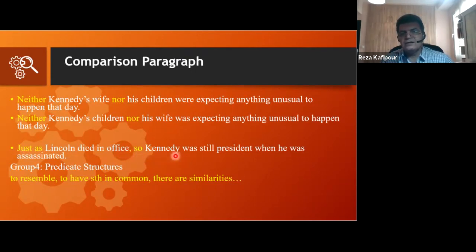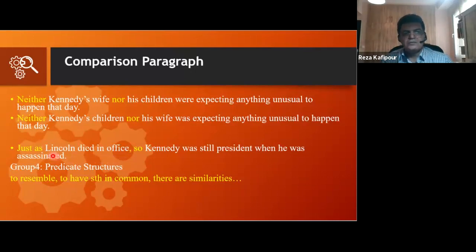After so, we said Kennedy was still president when he was assassinated. This sentence, was still president when he was assassinated, is totally similar to died in office. But we use, let's say, new wording to imply the same meaning.